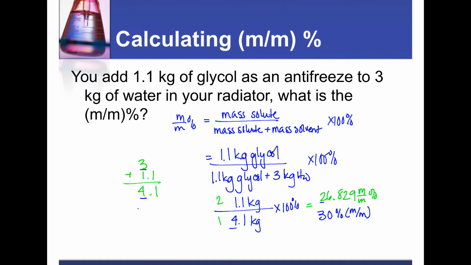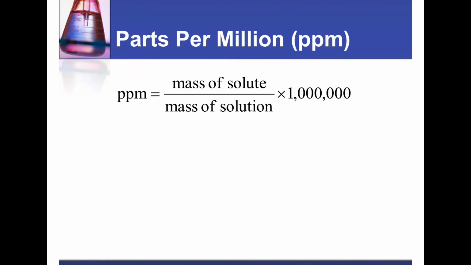Now, just a little reminder, mass percent is the same thing as the weight percent. And when we were doing percent, we multiplied it by 100. I want to figure out how to do per million. So that's the next calculation that we're going to practice.